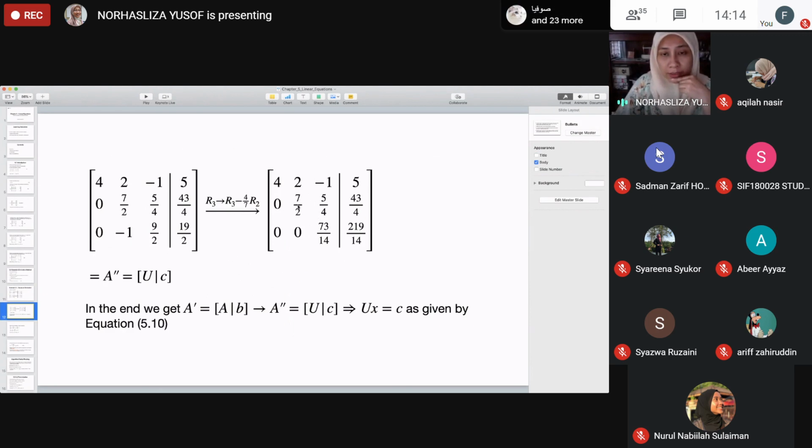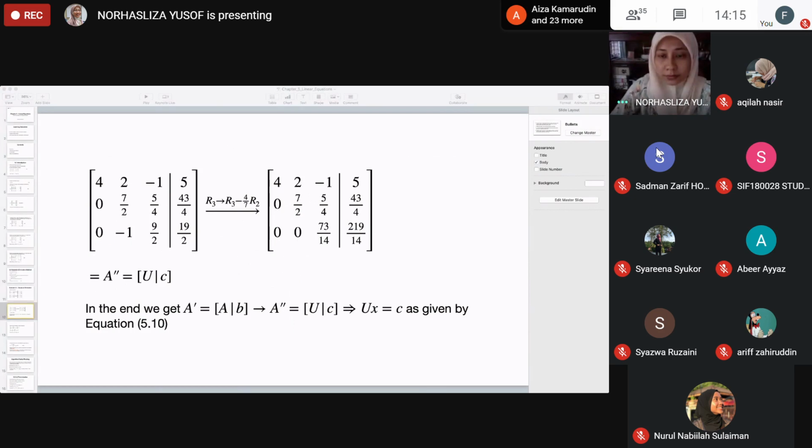Here we just use normal matrix operations to make sure everything becomes 0. After that you get your A double prime, which is now an upper triangular matrix. This is your U, and this is your C, the new value where we have simplified our B matrix.